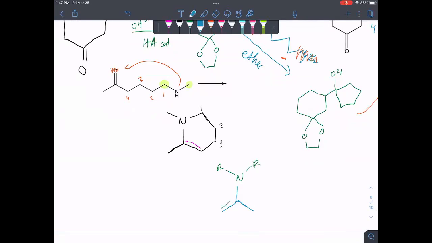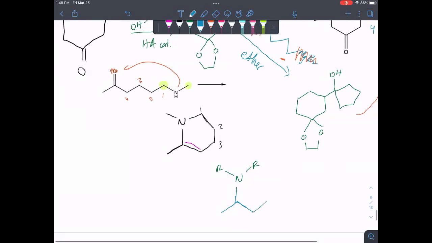So now there's going to be a double bond either here or here. So when you're doing enamine formation, you have to pick which side to put the double bond on, and you pick the more substituted side because it's more stable. But since you need it to be an elimination reaction, you can't have a quaternary carbon. So you have to make sure there is a hydrogen present on that side where you could have done an elimination reaction. If this looked like this, you'd have to put a double bond on this side.